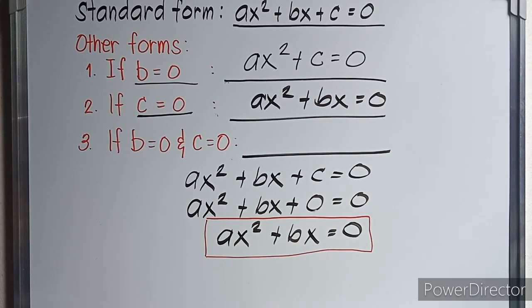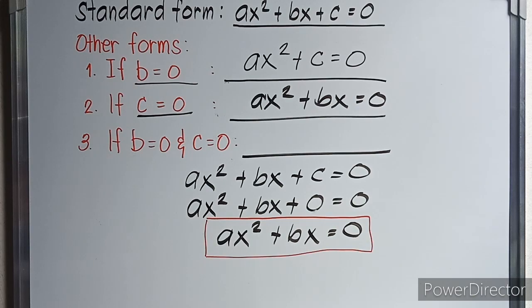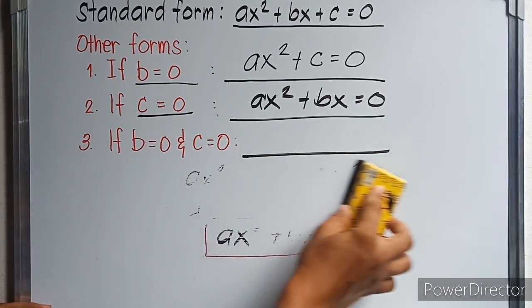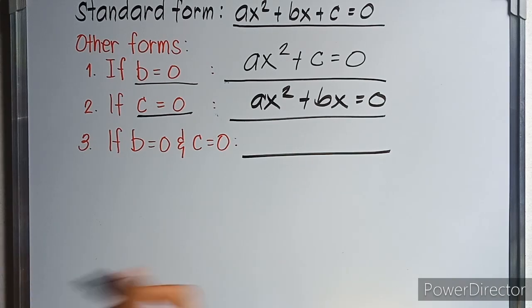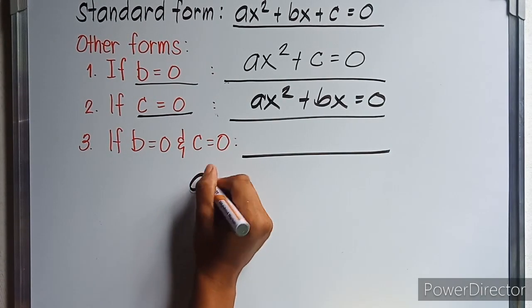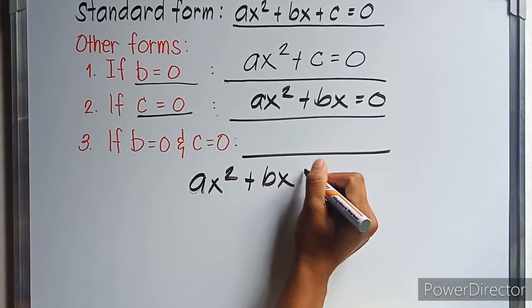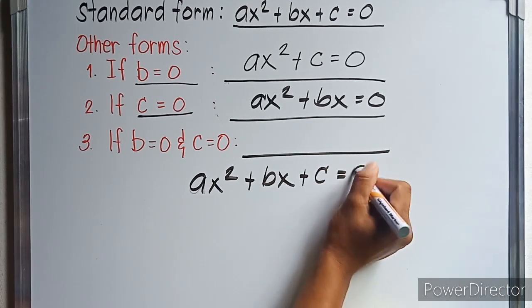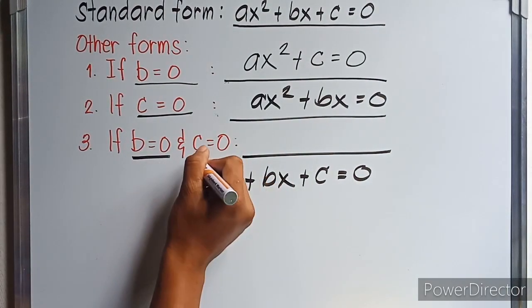Then for number 3, if b is equal to 0 and c is equal to 0, what will be the form of our quadratic equation? So we will have ax squared plus bx plus c is equal to 0, with b equal to 0 and c equal to 0.